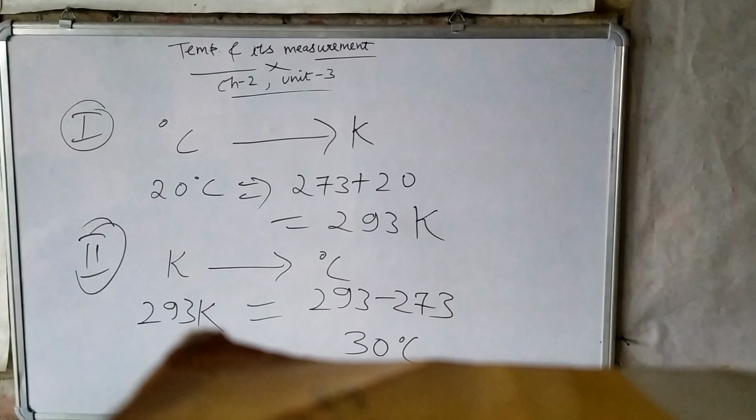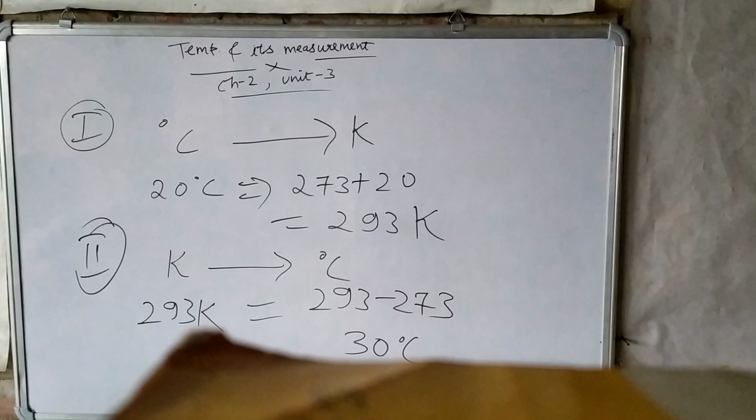Now we will study the clinical thermometer. What is a clinical thermometer? It is a thermometer which is used to record temperatures from 35 to 42 degrees Celsius. Understand?